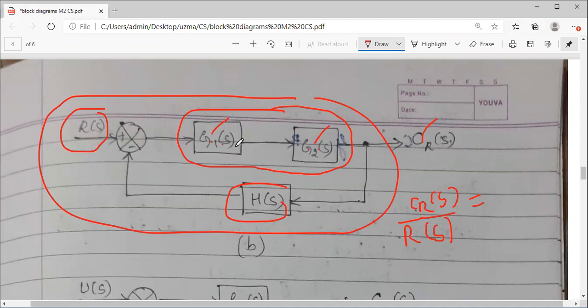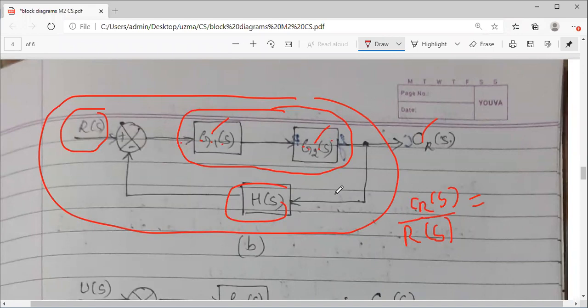Whenever the blocks are connected in series like this, one after the other, we have to multiply them. And whenever blocks are connected in parallel, we have to add them. I think a similar concept applies to resistors in electrical systems.